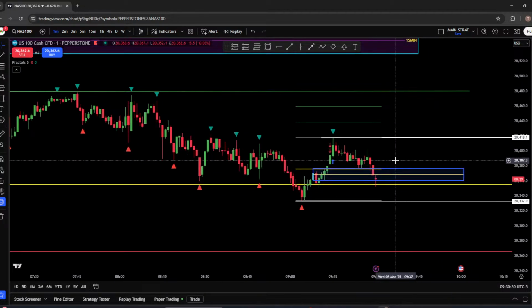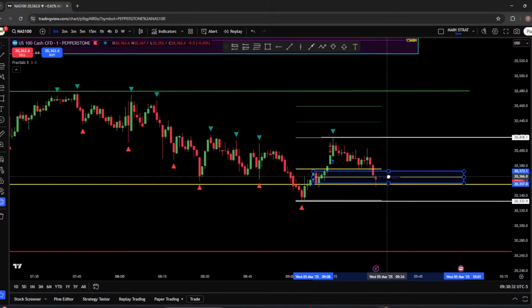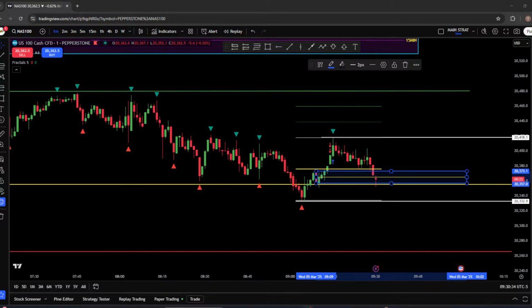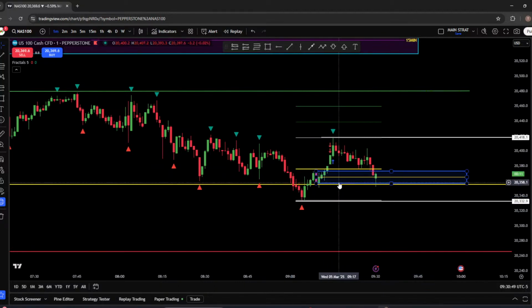And then hitting that order block. Probability of it going higher from here, but we'll see.